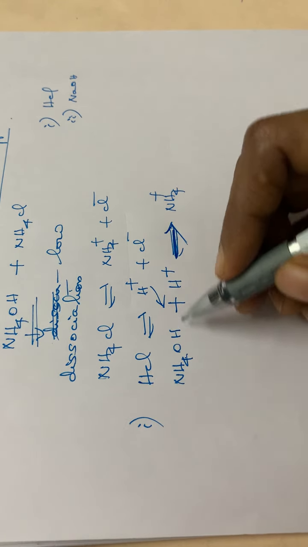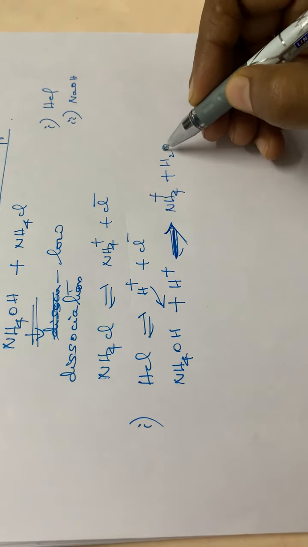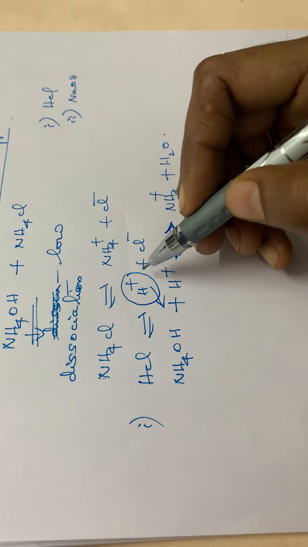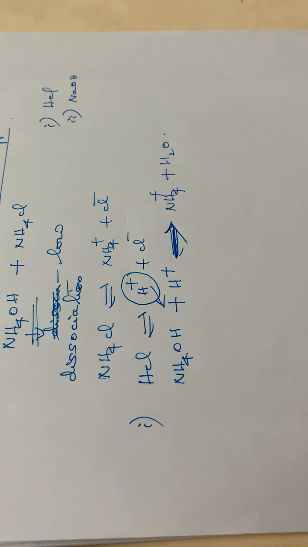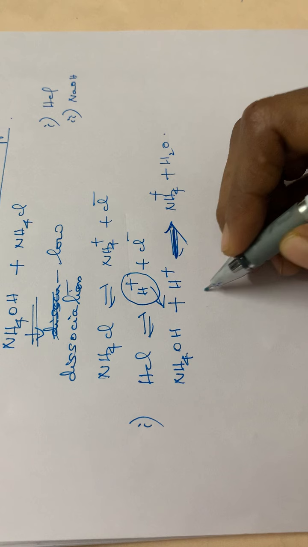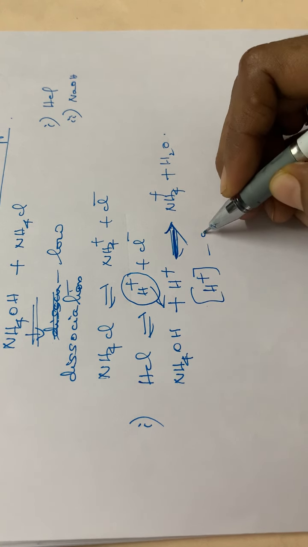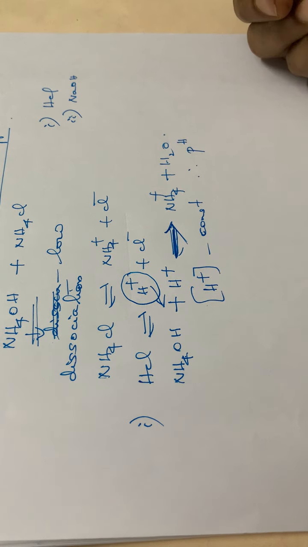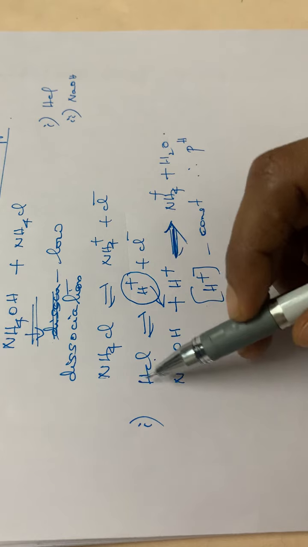So it becomes NH4 plus and H2O. Okay, so what happens? The added HCl, or the added H plus ions, will be easily removed as water. So the pH of the solution remains a constant. Okay, H plus ion concentration remains a constant, so thereby the pH of the solution also remains a constant. Okay, so this is the first case if we are adding HCl.